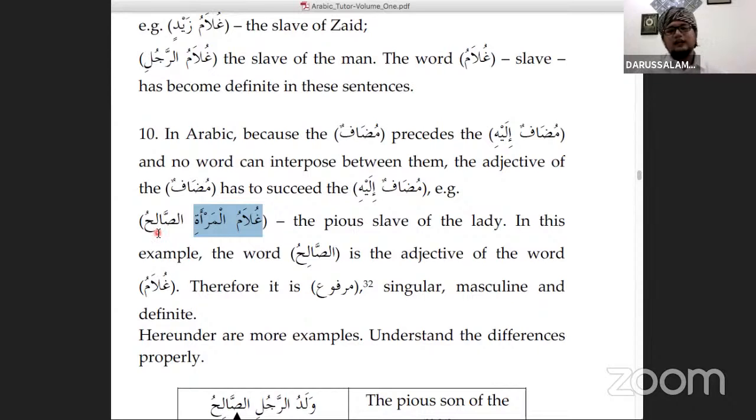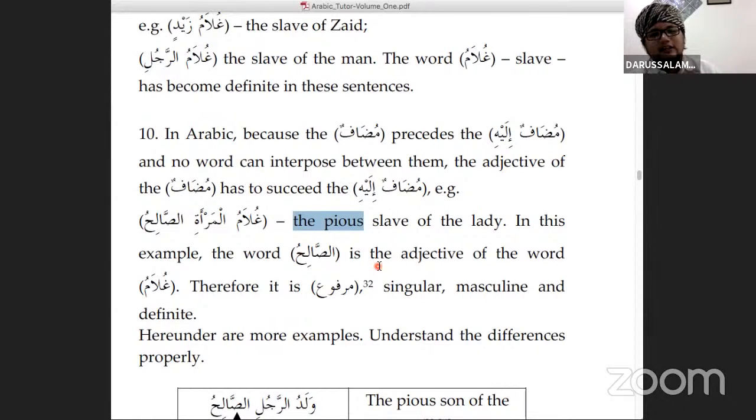As-salih is the adjective, the sifah for ghulam. And then when you translate also you say what? How do you translate? The pious slave. See, the pious slave. This salih is an adjective, sifah for slave, not for the lady.